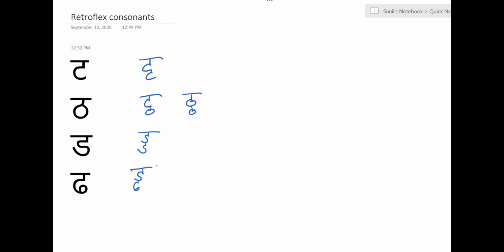This is one way of writing, or you can write with halant, ta, ta, or ta, tha, or tha, tha, da, da, da, dha. There are 2 ways of writing the combinations with retroflex consonants. Either you write one above another, or you can use halant.